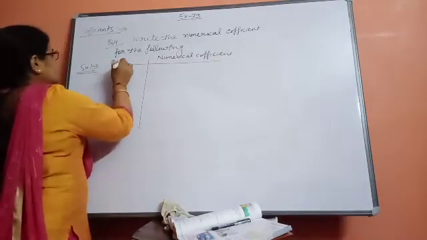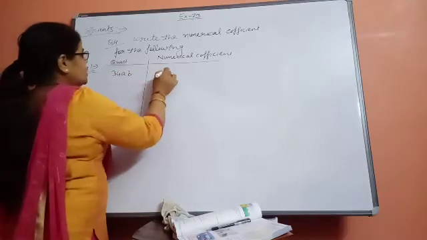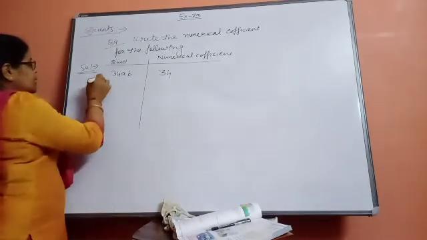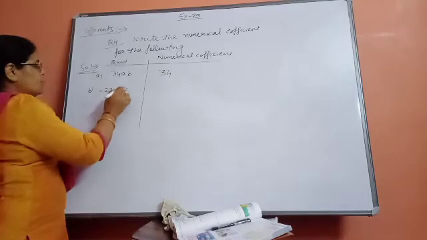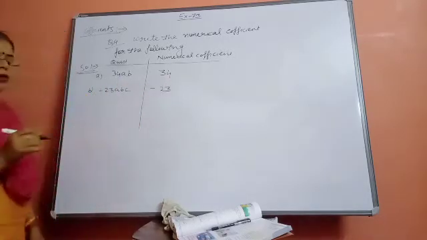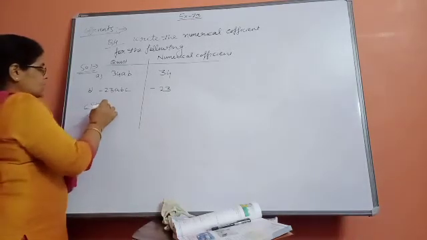Questions. Okay, 34ab is there. So what will be the numerical coefficient? 34. Okay, see now B part. This is A part. B part is minus 23abc. What is the numerical value? Minus 23. So it will be the numerical coefficient. Okay, then C is xyz.